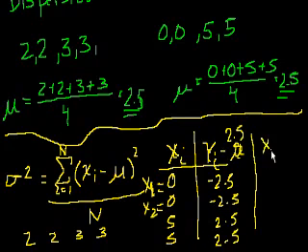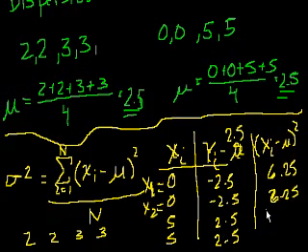Now if you took x sub i minus the mean, squared, 2.5 squared is 6.25, and it becomes positive. So 6.25, 6.25, 6.25, 6.25.